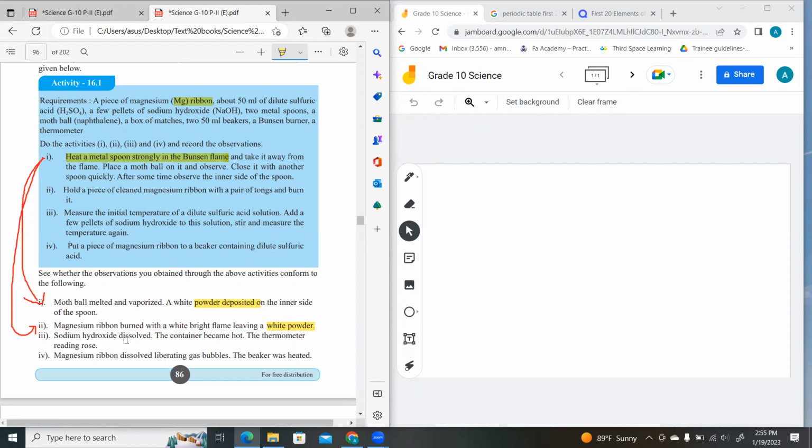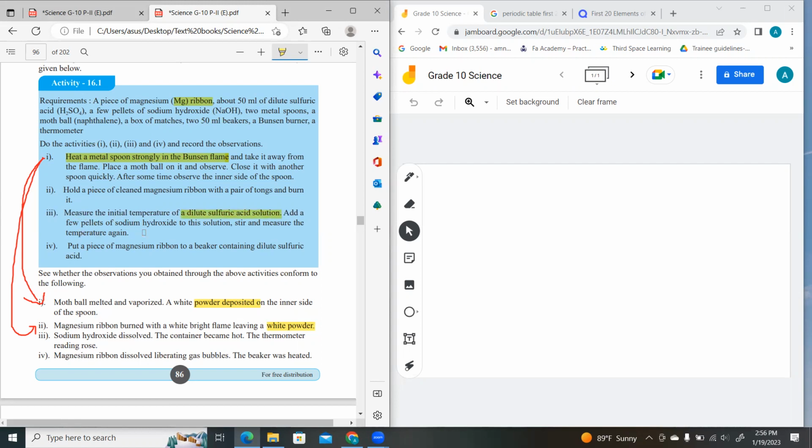Next, sodium hydroxide dissolved. The container became hot and the thermometer reading rose. That means when you put the thermometer in and read it, you can see the temperature has gone high when sodium hydroxide dissolved. In this case, see the third one. Measure the initial temperature of the dilute sulfuric acid solution.